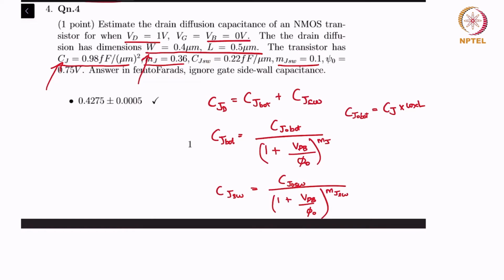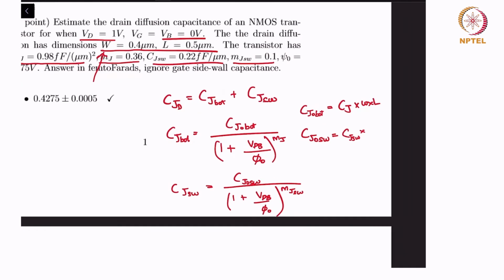And of course Cj naught sidewall is equal to the per unit length capacitance CJSW times the length or the perimeter of the sidewall.